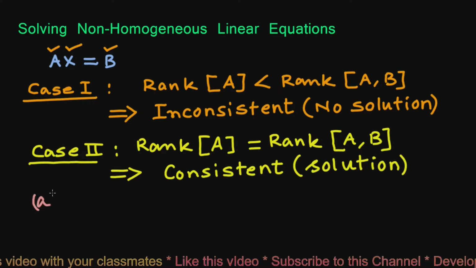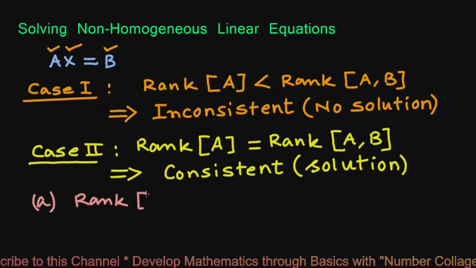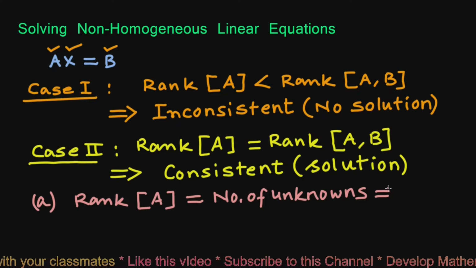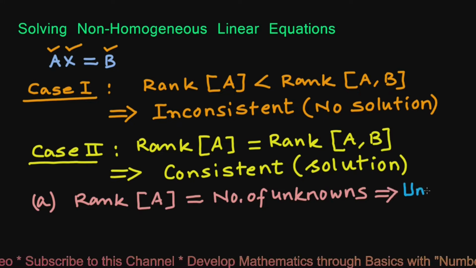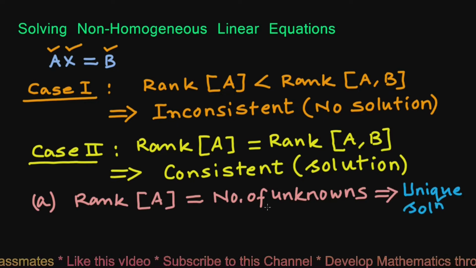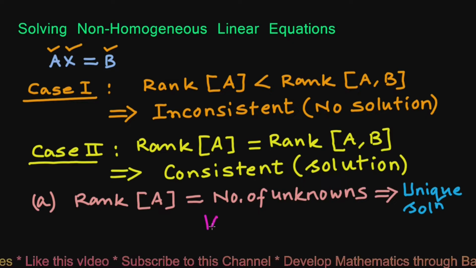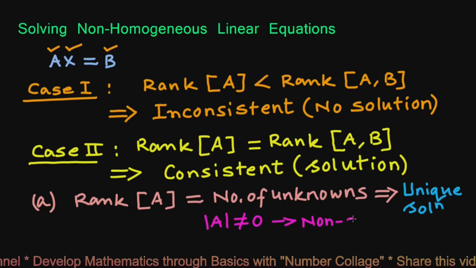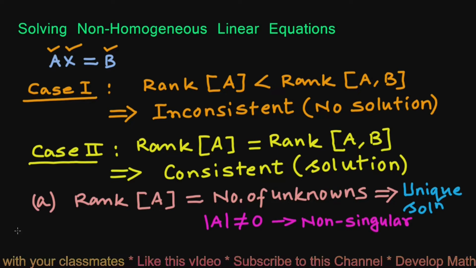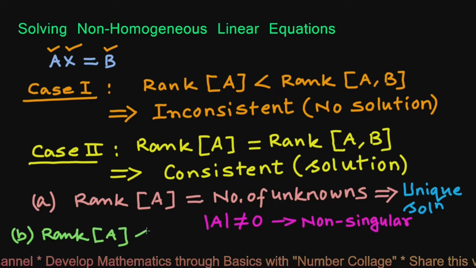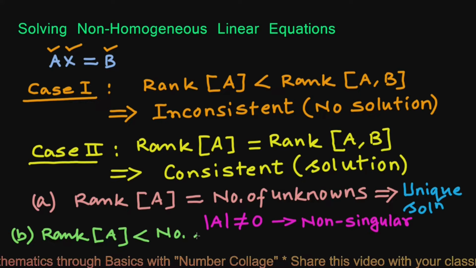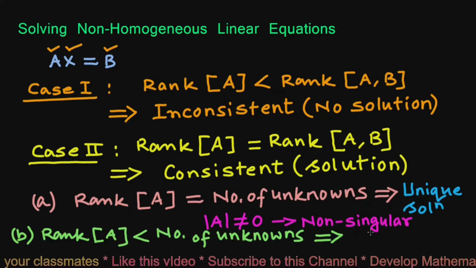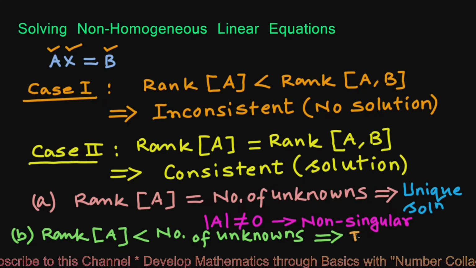Further, if the rank of matrix A equals the number of unknowns, then the system has a unique solution. In such a case, the determinant of matrix A is non-zero, that is, it is a non-singular matrix. If the rank of matrix A is less than the number of unknowns, it implies the system of equations has infinite solutions.